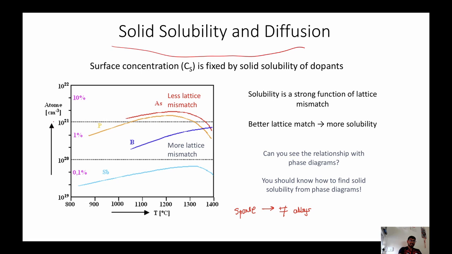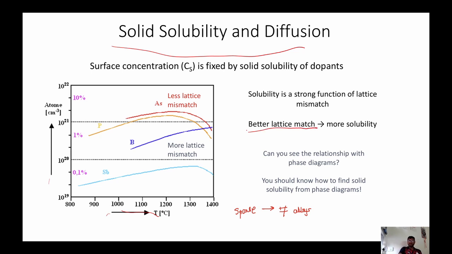These are the atomic concentrations, which we can call the solid solubility, and we see how this solid solubility changes with temperature. This solid solubility is a function of the relative atomic sizes of the dopant and the crystal.